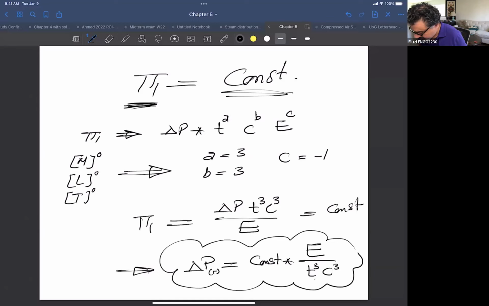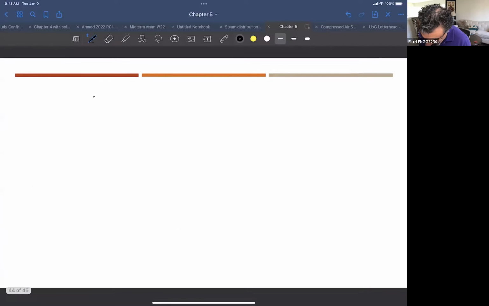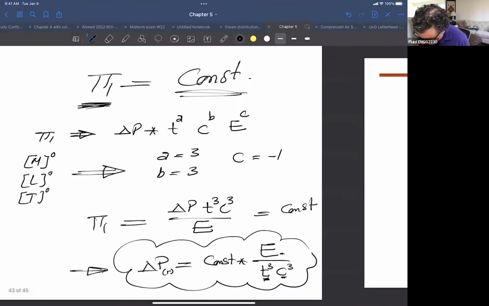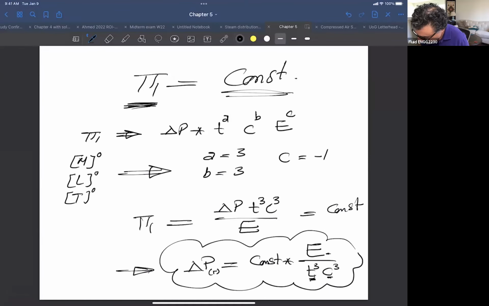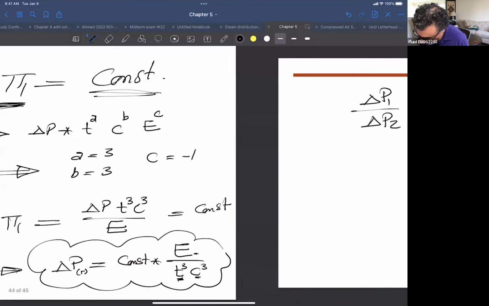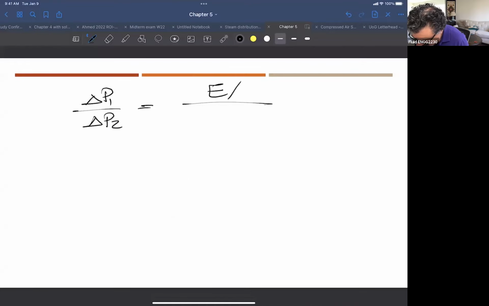Everything else is constant, which means the speed of sound is constant and the energy is constant. So delta B1 over delta B2 is equal to the constant divided by energy, okay, so this is constant.